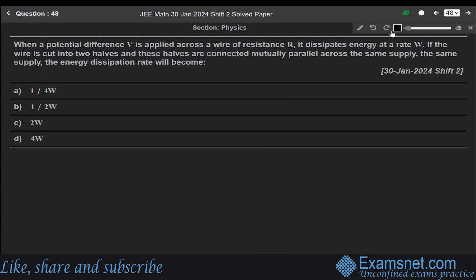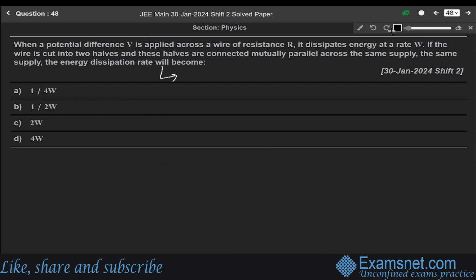Now next question 48. When a potential difference V is applied across a wire of resistance R, it dissipates energy at a rate of W. If the wire is cut into two halves and these halves are connected mutually parallel across the same supply, the energy dissipation rate will be?